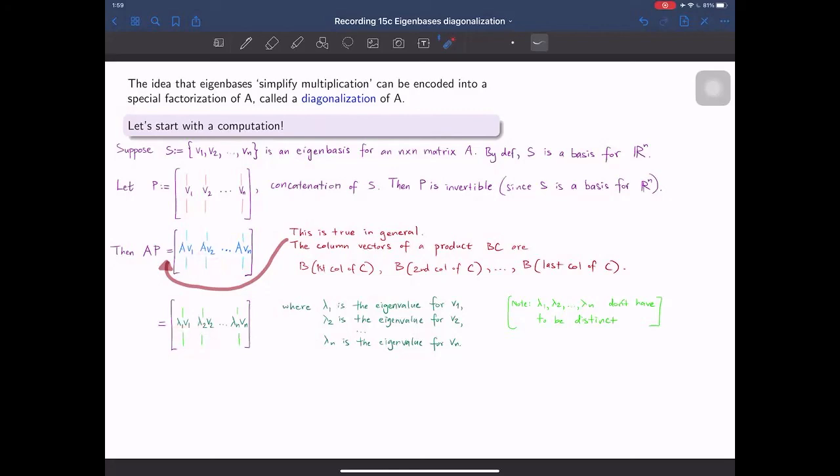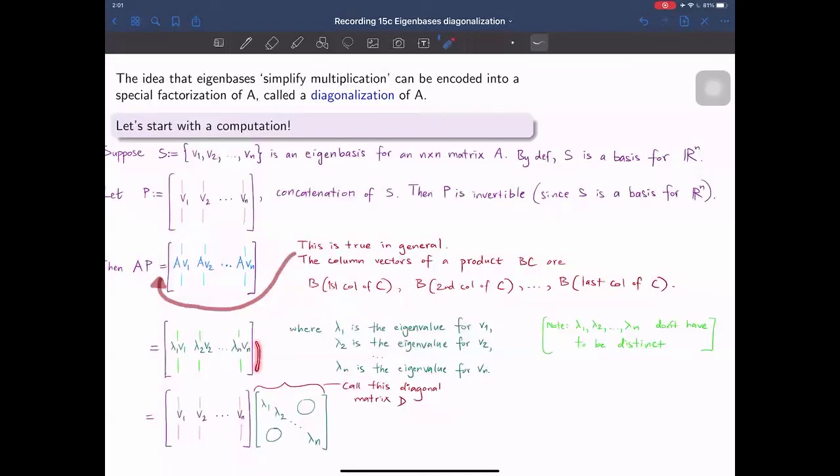So here the numbers lambda 1 through lambda n are the corresponding eigenvalues for the eigenvectors V1 through Vn. Note that even though I'm using different labeling for the lambdas, they do not have to be distinct. So it's possible that lambda 1 and lambda 2 are equal.